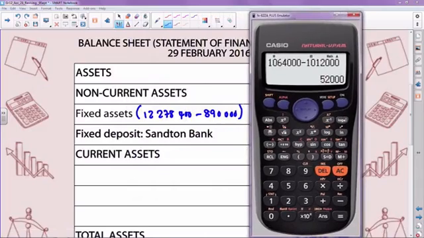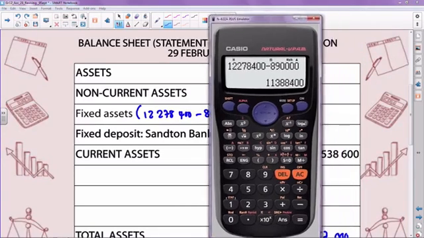We've got 12,278,400, minus 890,000, to give me a value of 11,388,400.